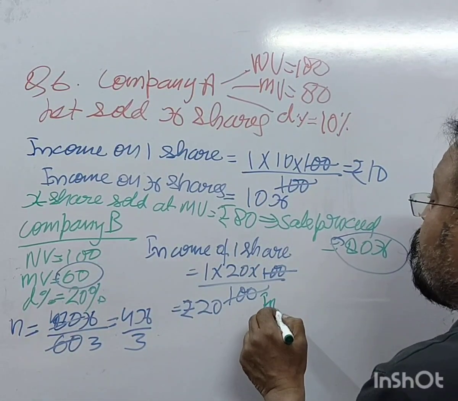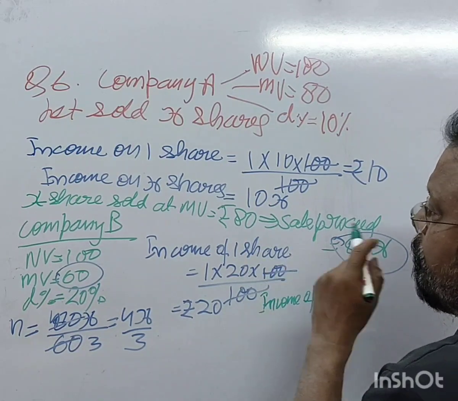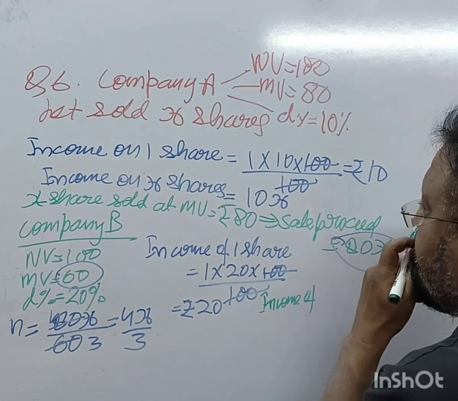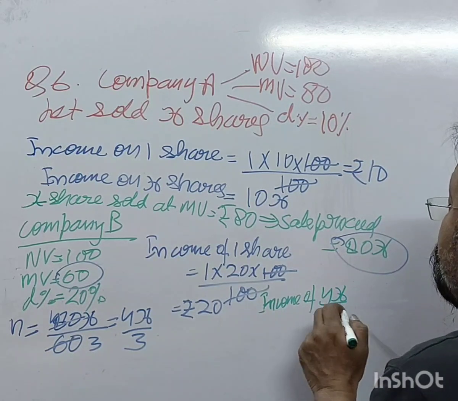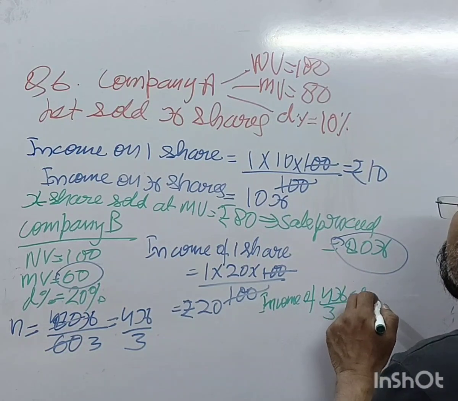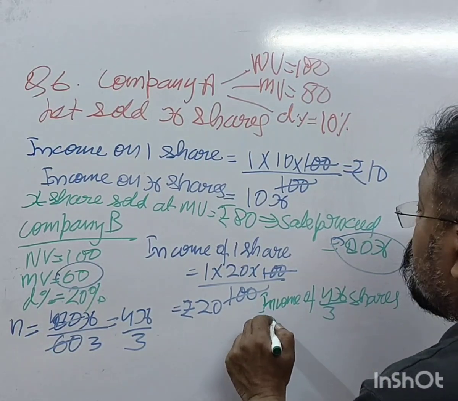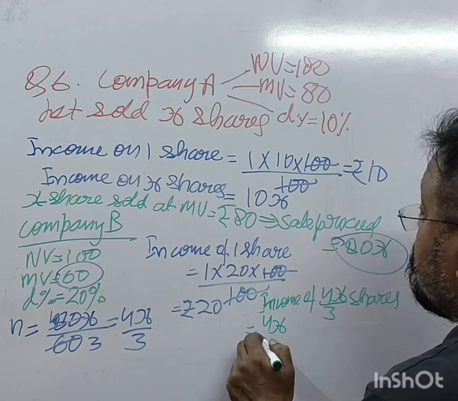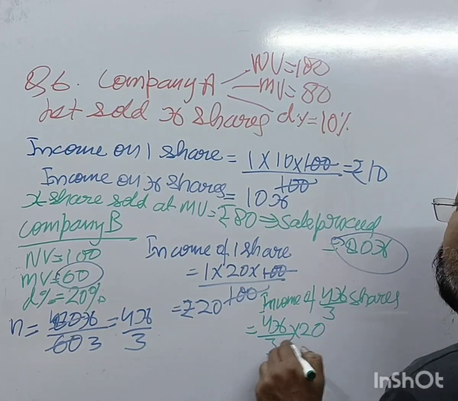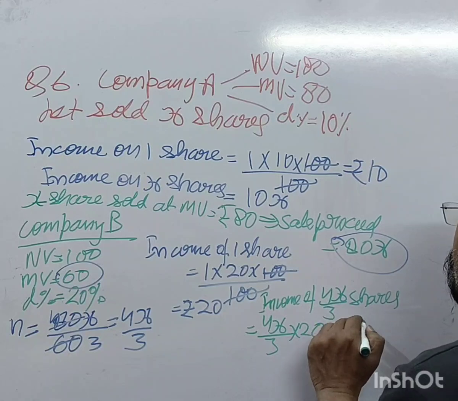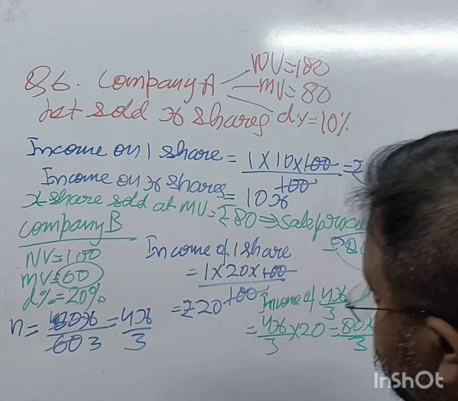So income of 4x upon 3 shares is equal to 4x upon 3 into 20. It becomes 80x upon 3, right?